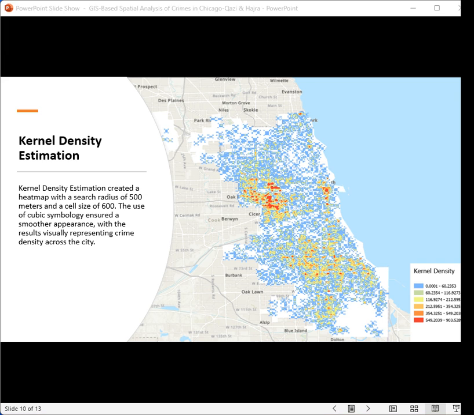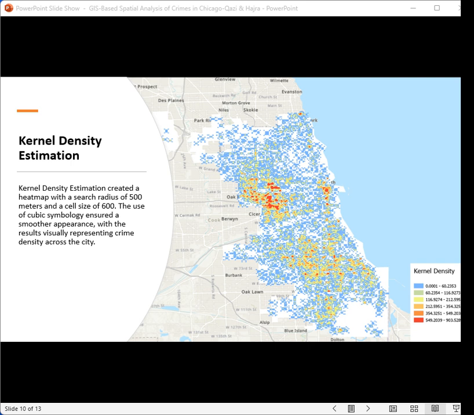Kernel density visualizing crime density is like creating a weather map, but for crime. In our kernel density estimation, we chose a smaller cell size of 600 for a detailed and fine-grained density surface, ensuring high accuracy, with a search radius of 500 meters.